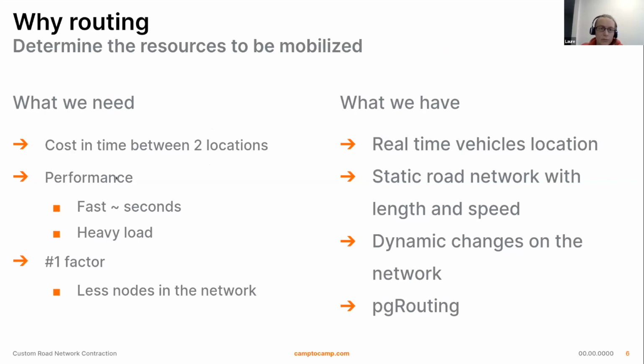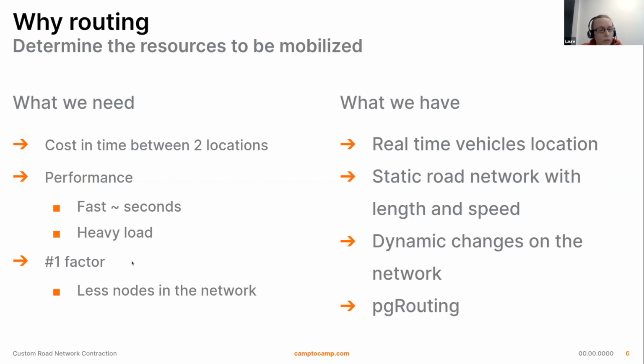This needs to be performant because we are talking about sometimes life-saving calls, so we want to have a result in a few seconds. And this also needs to be performant because we will have heavy loads, hundreds of calls per hour. So performance acts on both sides.